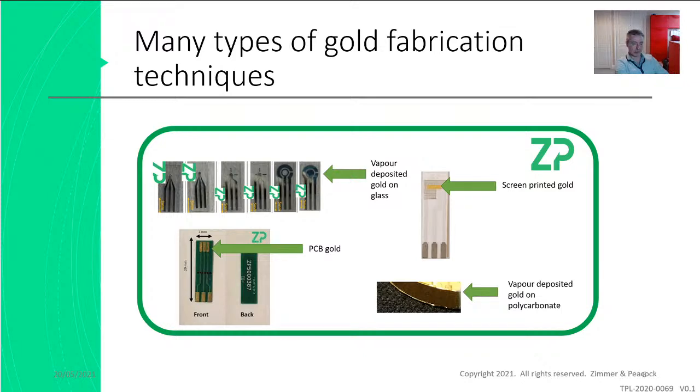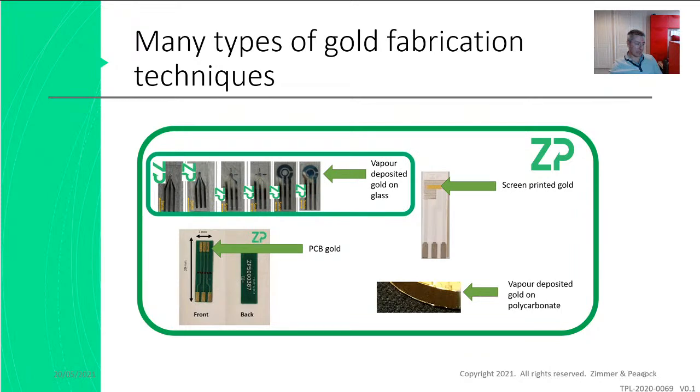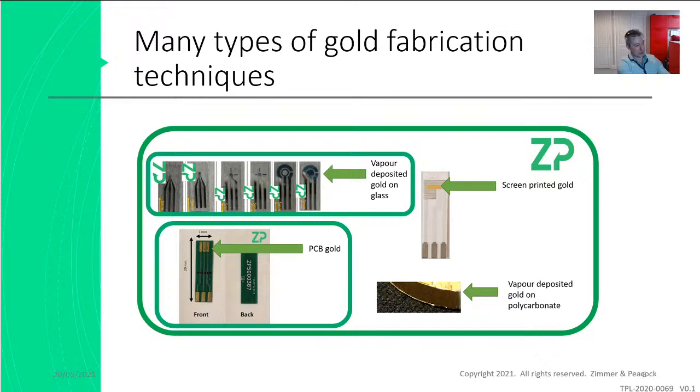Lots of people do like it, but if you're trying to make a product for real clients or real customers, you've got to be careful with glass. But we deposit on glass. We also do PCB gold, essentially making gold electrodes using printed circuit board type processes.